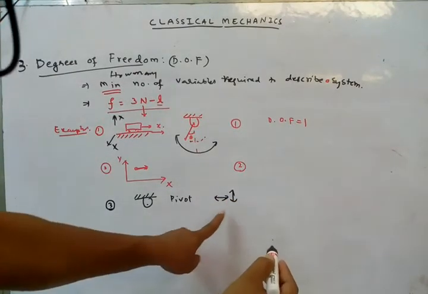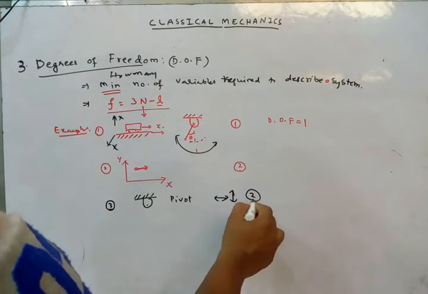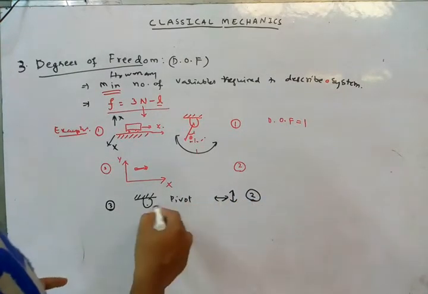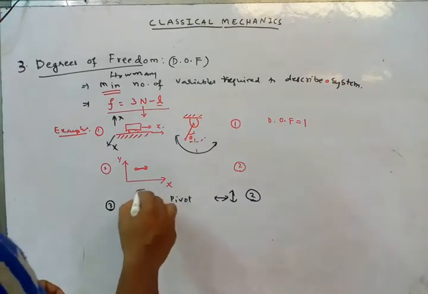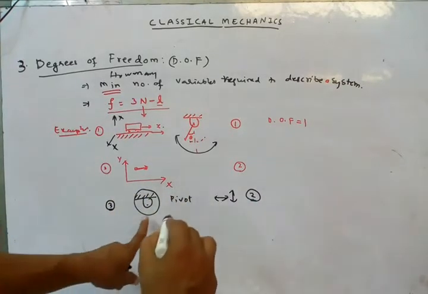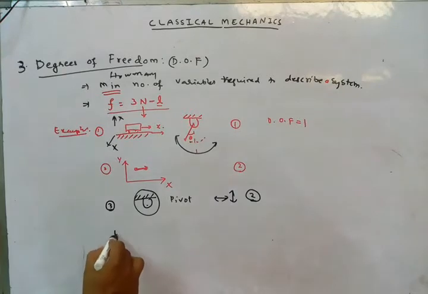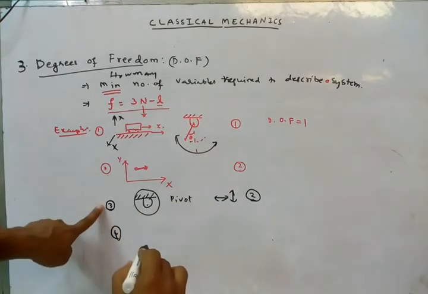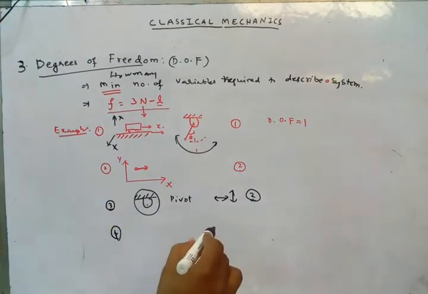How many constraints are there for this pivot? 2 constraints. So by calculating the constraints, we can subtract, 3n minus L, and get the degrees of freedom of the pivot. This example is given for constraints only, not degrees of freedom.